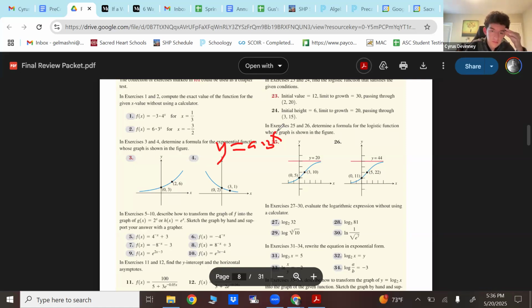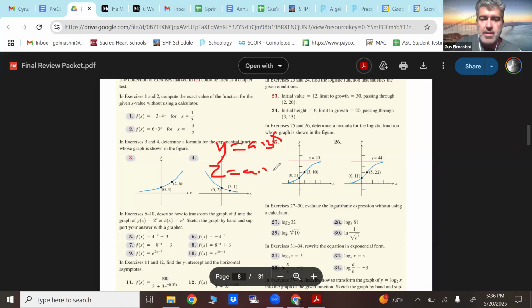Yours is going to be 2, actually. Oh, a is 2? 2 is y. Yeah, 2 equals a times b to the 0 power. When we solve for a, what do you get? It's a times 1 equals 2. So a is 2.